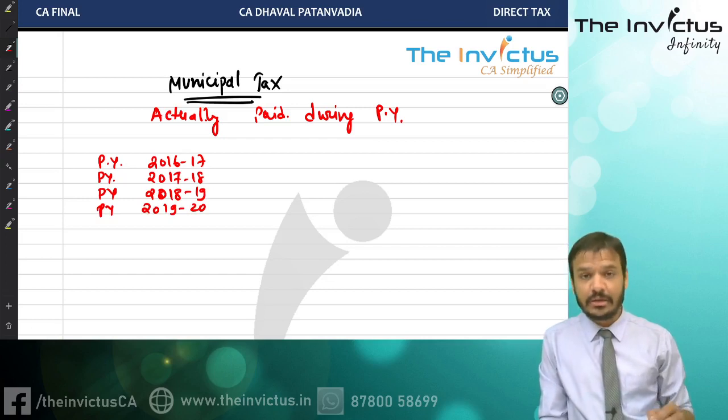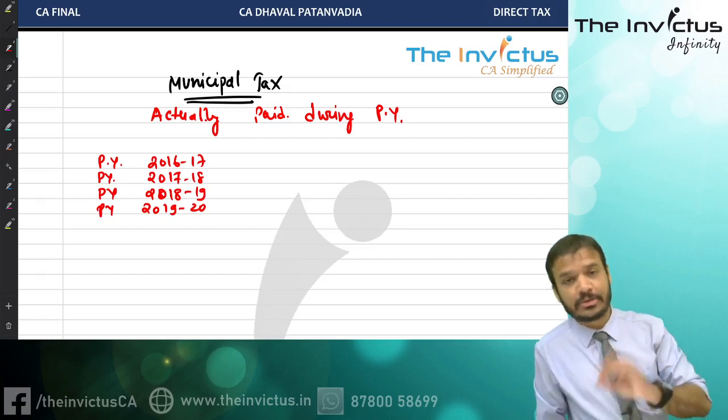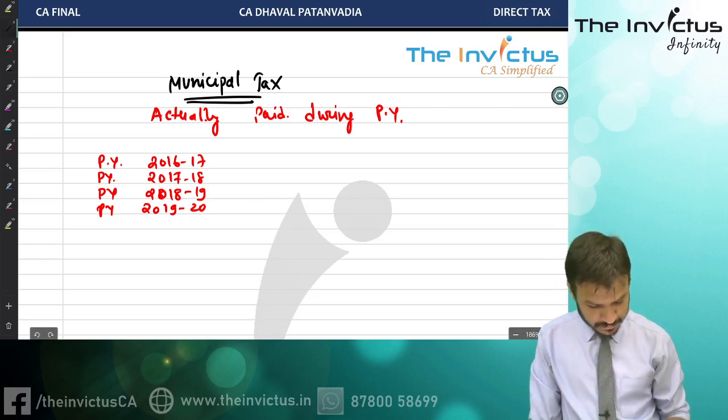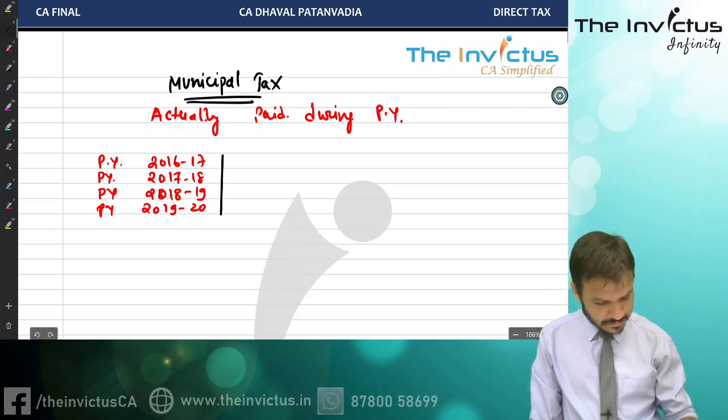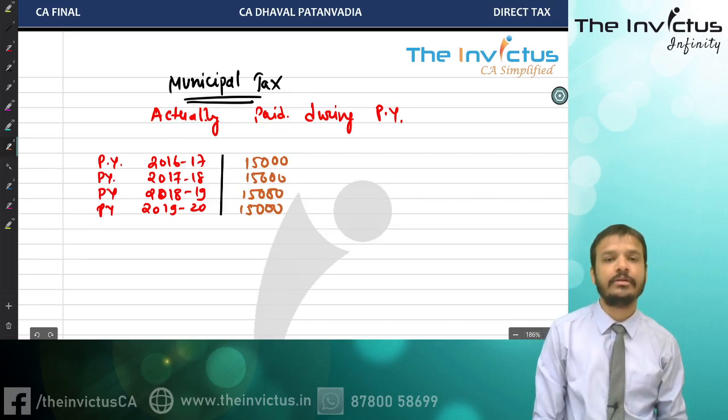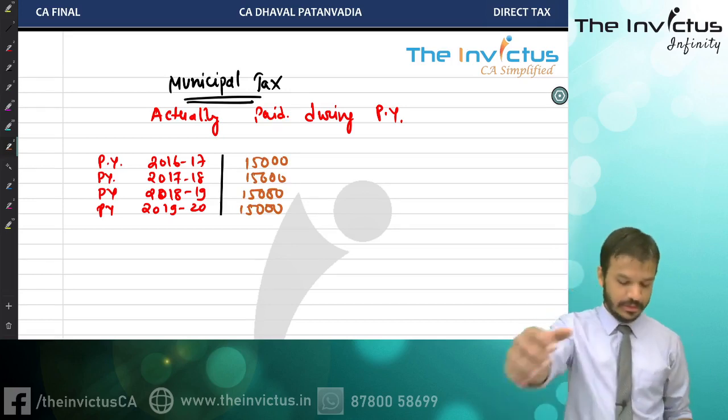Municipal tax payable, or I can say amount of that municipal tax for that particular year was, say, 15,000 each and every year. Every year I need to pay municipal tax of rupees 15,000.